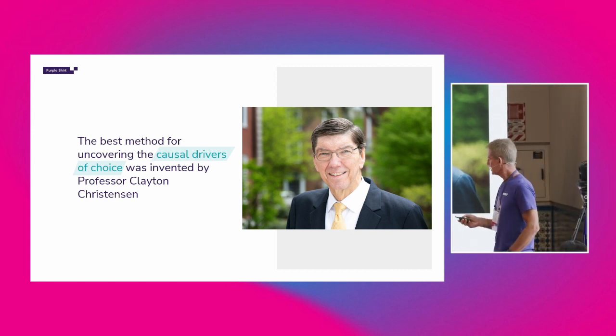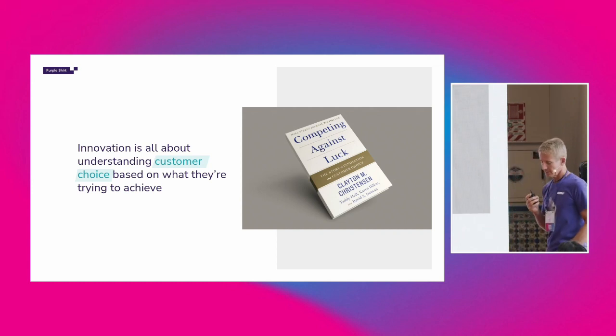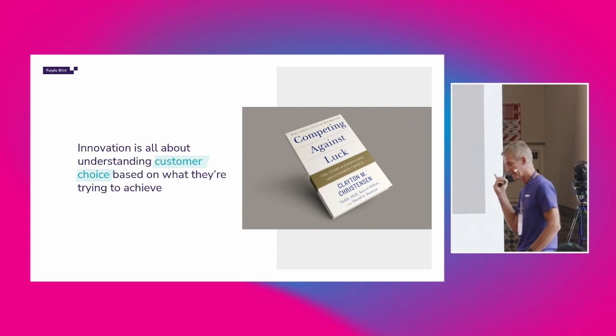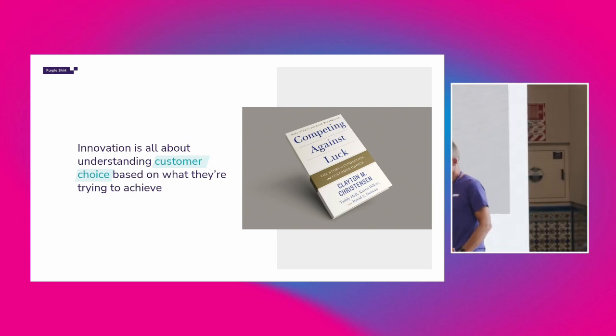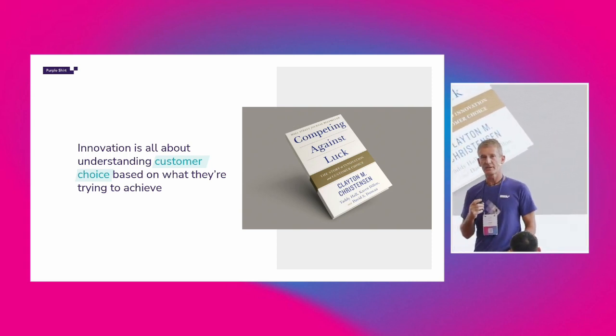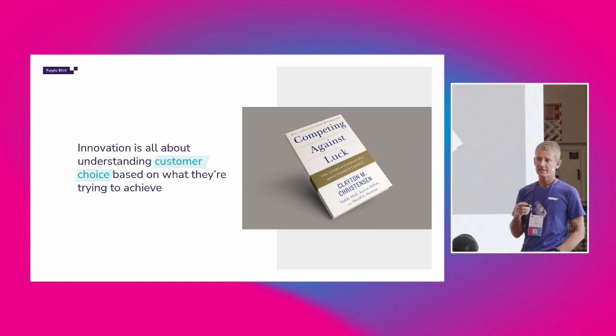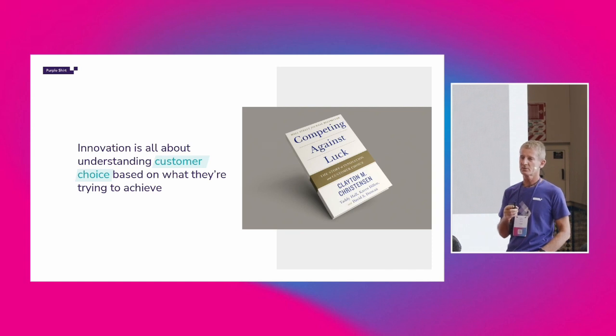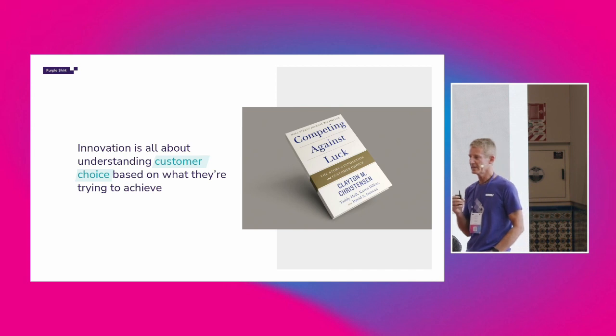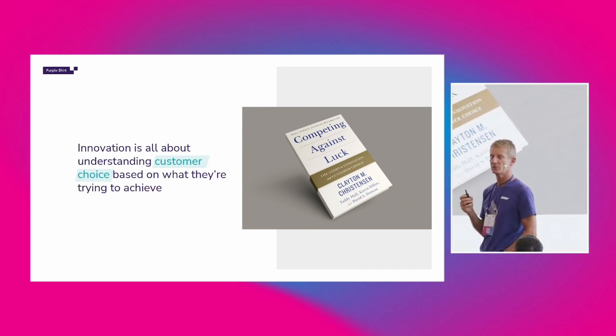So his insight, and this is his last book, hence the title of my little presentation, was that if people are trying to understand more about their customers, they're looking in the wrong place, which is really counterintuitive.